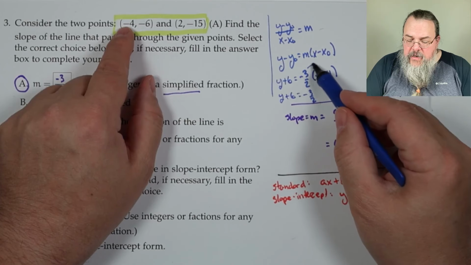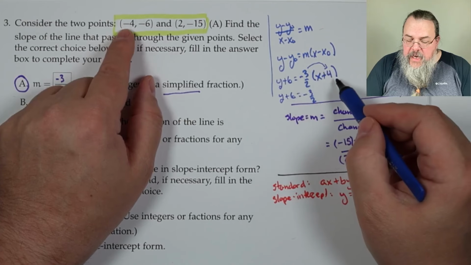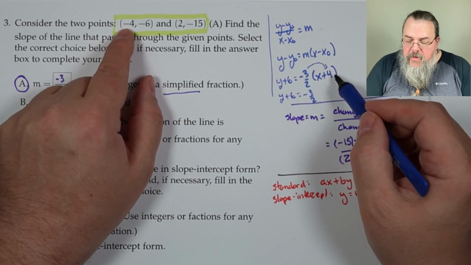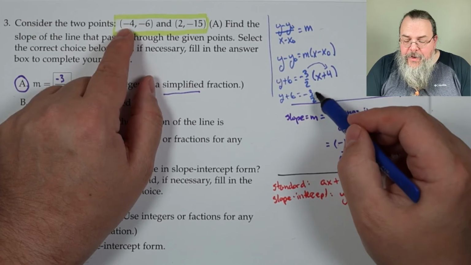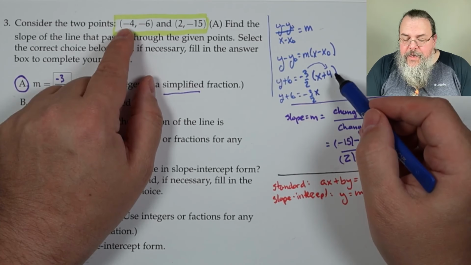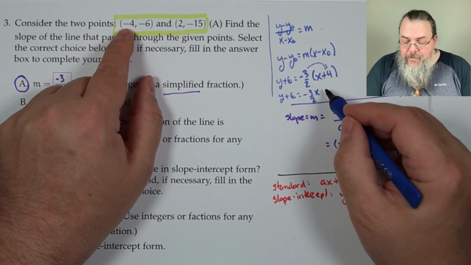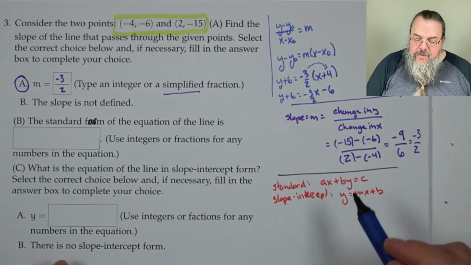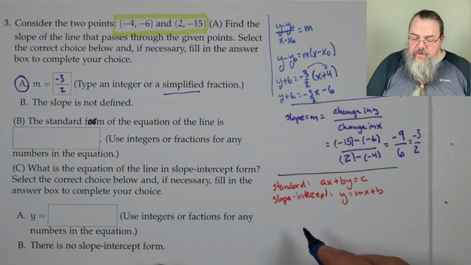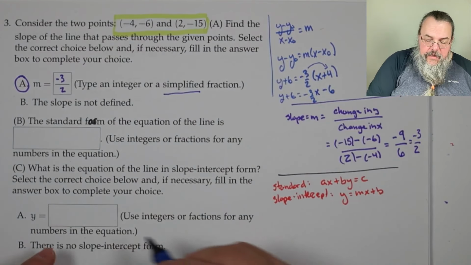And then here, we're going to get minus 3 halves times 4. Well, if you take minus 3 halves times 4, what do you get? Well, you're going to get minus 12 halves, or minus 6. And now, aha, slope-intercept form, subtract 6 from both sides. And that gives us that y.